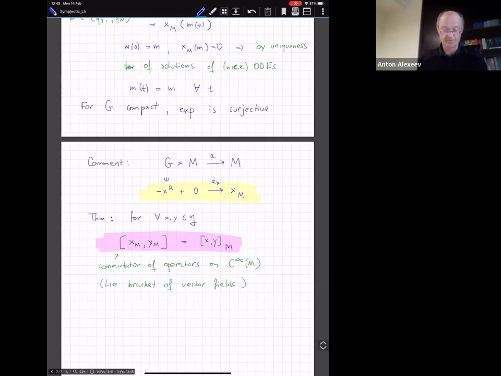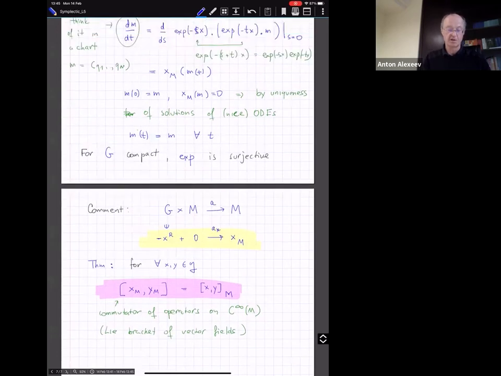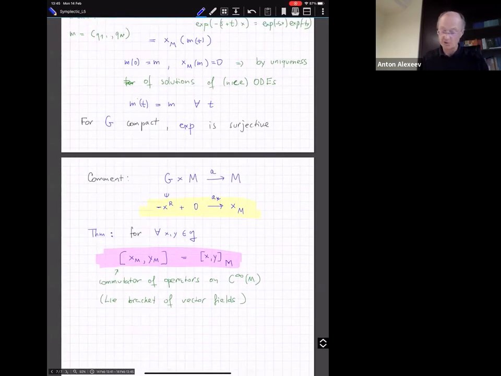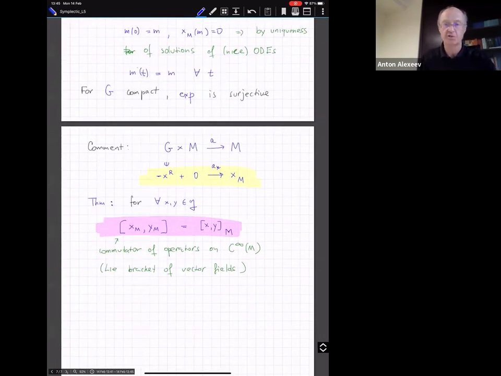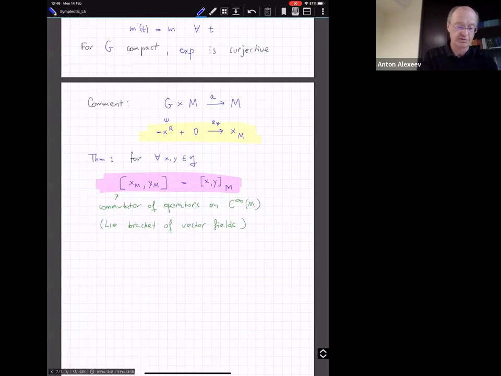From this picture and the comment, this should be more or less obvious. You can choose any method in your exercises to prove it. And that's, of course, a very important fact. Here we are saying that the commutator of fundamental vector fields is the same as the Lie bracket of elements of the Lie algebra.